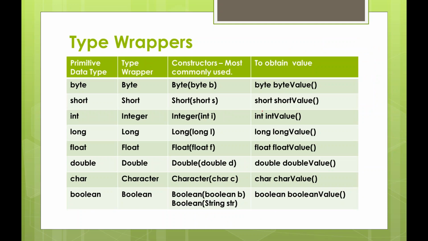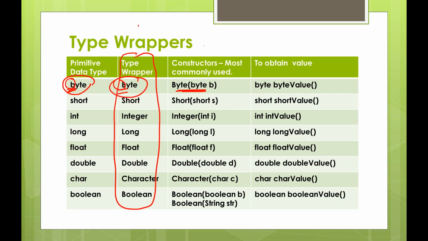What are the corresponding type wrappers for byte? We have Byte. Note that this is capital, this is small: lowercase and uppercase. The corresponding constructor is a simple constructor. We will discuss all these type wrappers in detail when we discuss one particular package, which we will hopefully start by Monday.